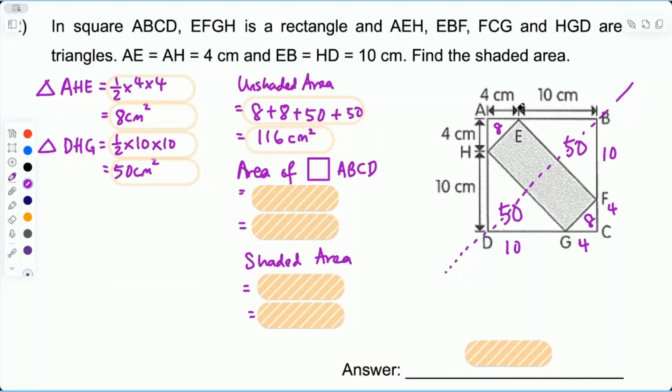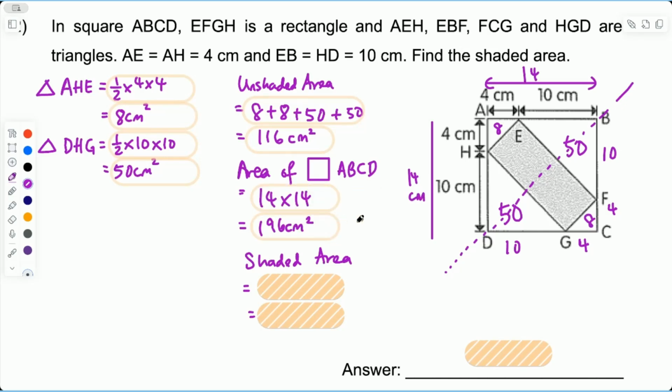The area of the square ABCD will be the length, 14 cm, times 14 cm. 14 times 14 gives us 196 cm squared. The shaded rectangle will then be the entire square, 196, minus the total unshaded, which is 116. That gives us 80 cm squared.